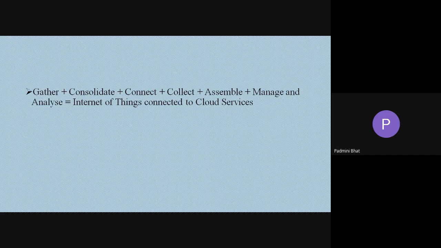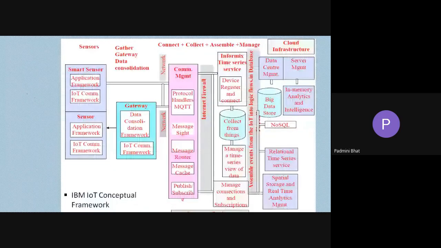Now see, this is the pictorial representation of the IBM conceptual framework. These are the sensors, the first level. Then comes the gateway, for data consolidation. Then comes communication management, which covers what type of protocol to use and which signal to send when.